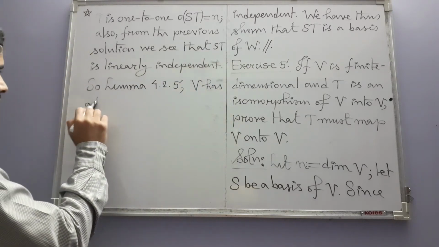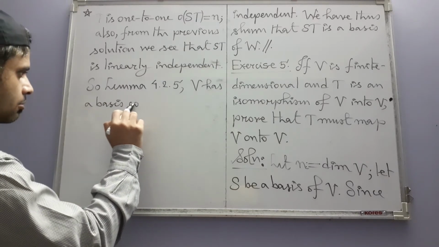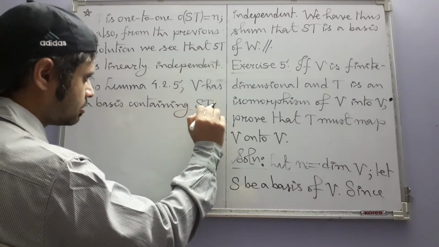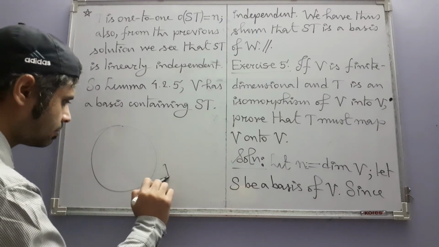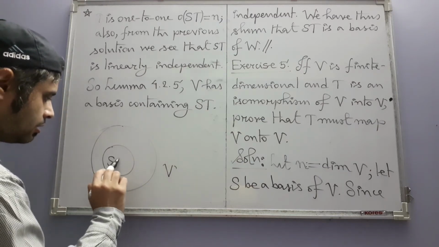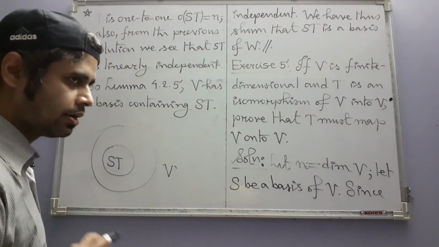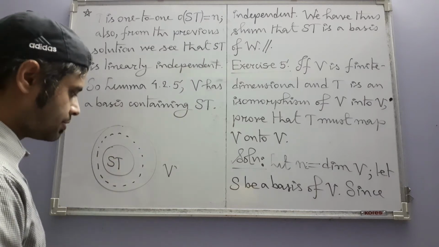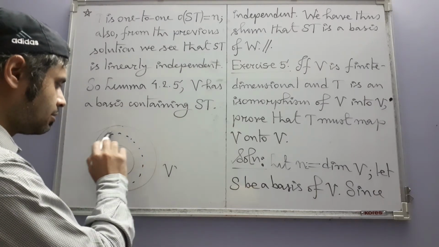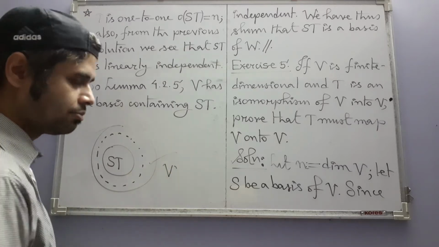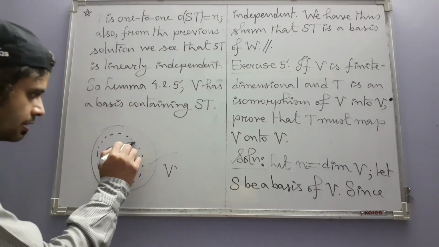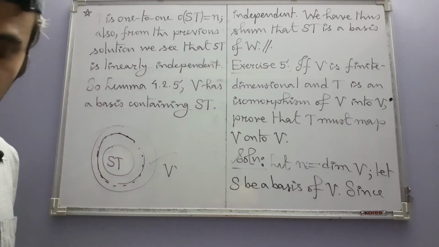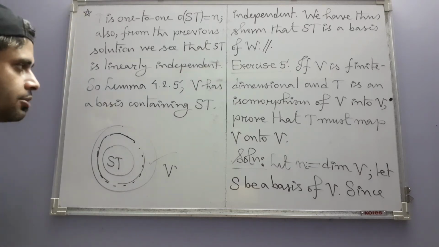V has a basis containing ST. That is, you have V here, you have the set ST here. We have proved that ST is linearly independent. So you can put some extra vectors if the need arises to ST, so that the resulting superset is a basis of V. So that means there is a basis which contains ST. But now the fact that ST has n elements will come into play.